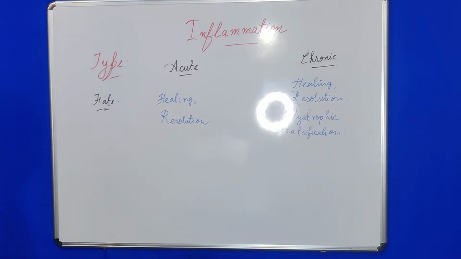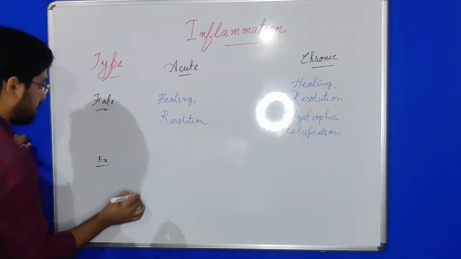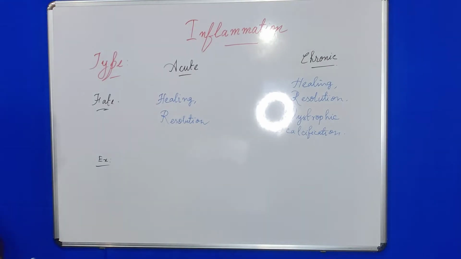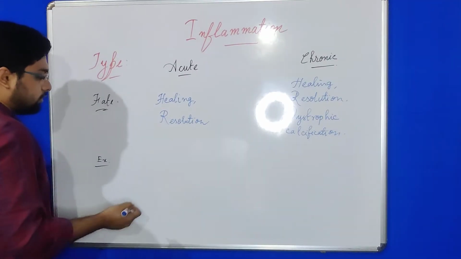Last is the example. What are the examples of acute and chronic inflammation? Acute: pyogenic abscess, cellulitis, bacterial pneumonia.